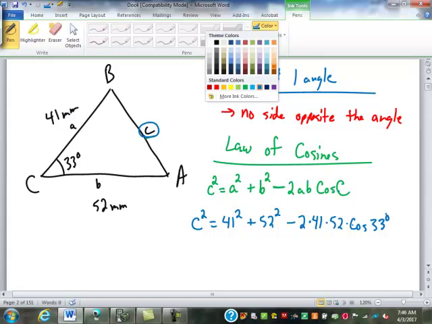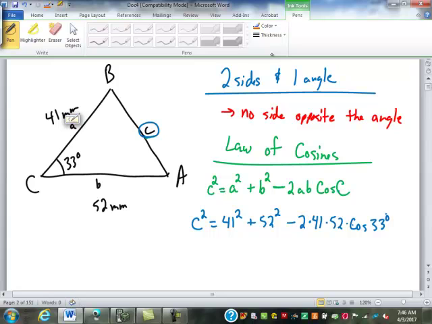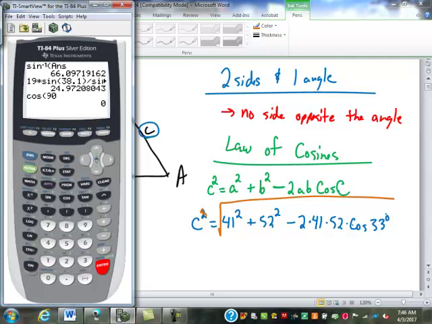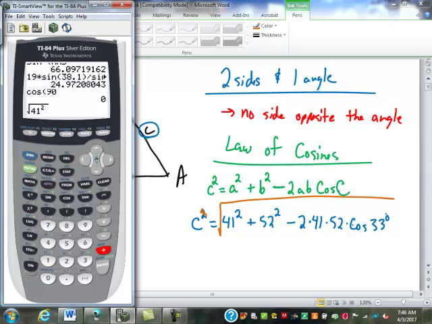Now when I punch this in the calculator, I'm going to do it just like I do the Pythagorean theorem. Instead of putting the squared here, I'm going to make this whole thing under the square root. So I'm going to start out with second square root, 41 squared plus 52 squared.